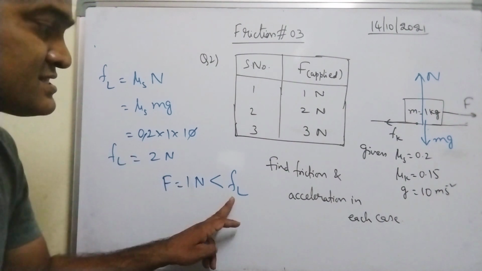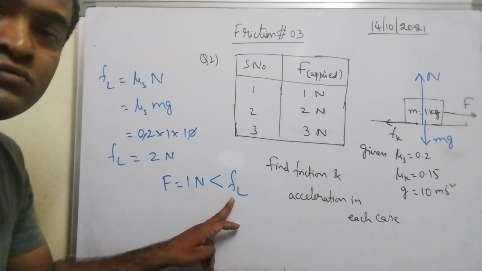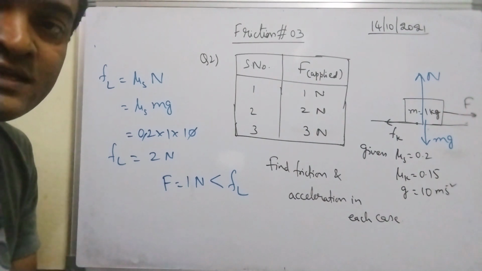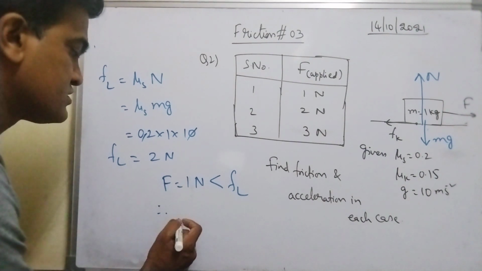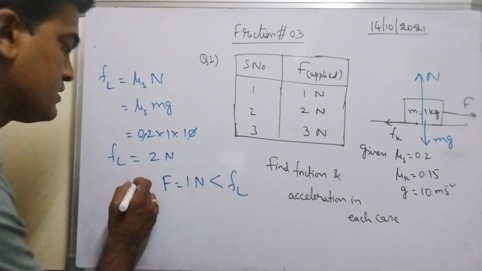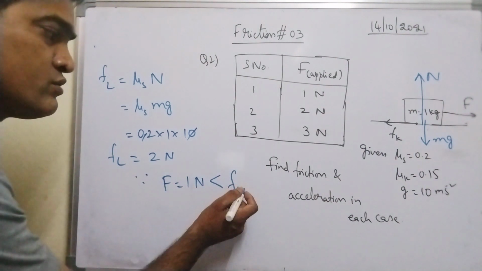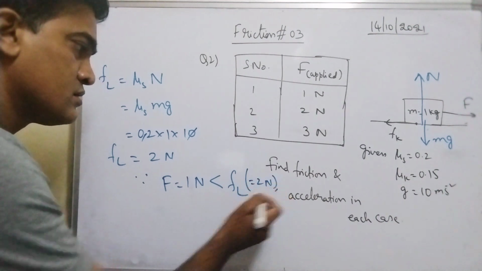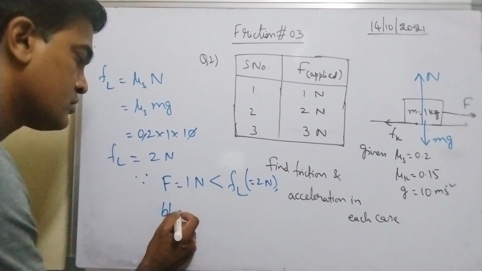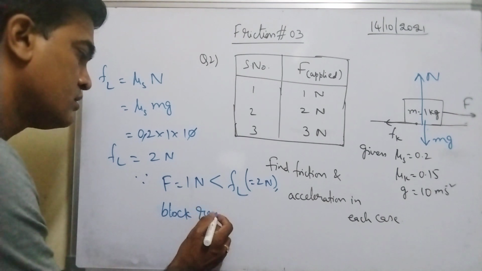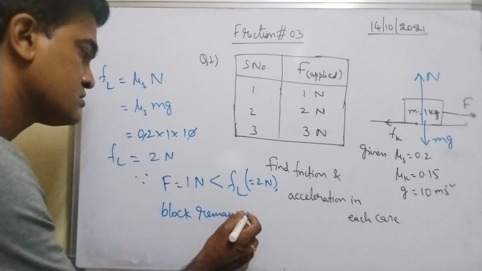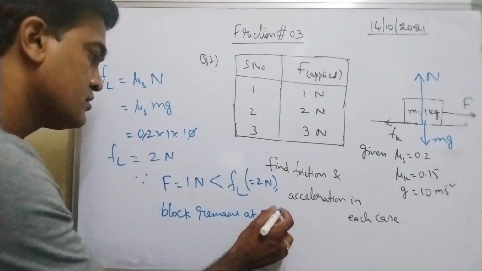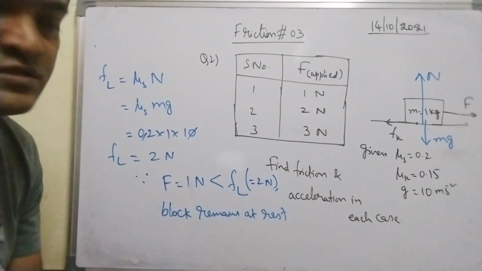When applied force is less than limiting friction, does the block move? No, the block will be at rest. Therefore, I can say that since applied force 1 Newton is less than limiting friction, the block remains at rest.